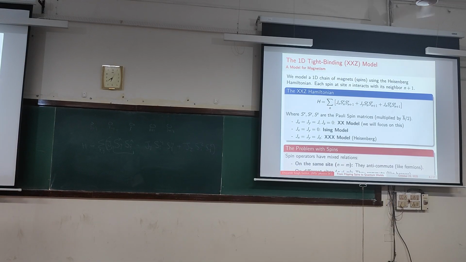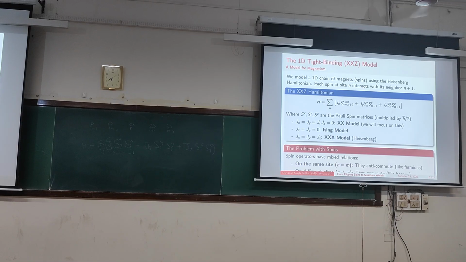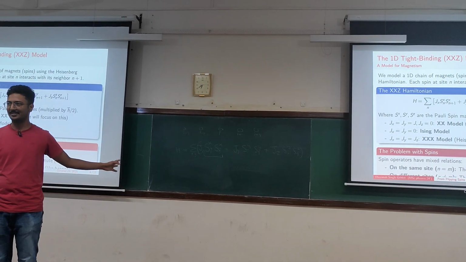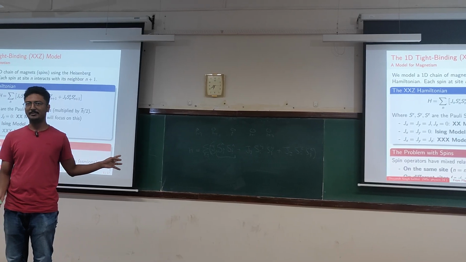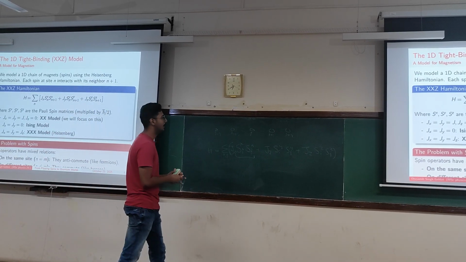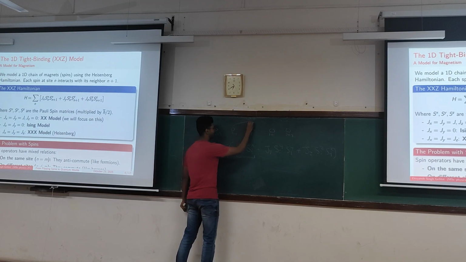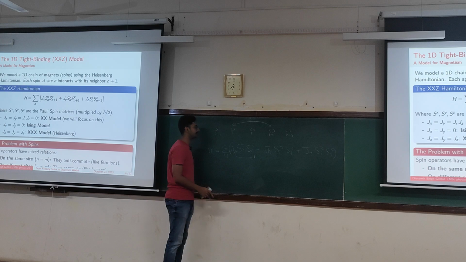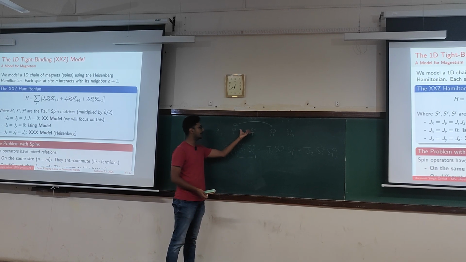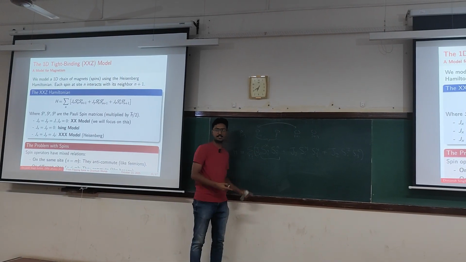So how physics works is to solve the simplest equation. I cannot solve this, nobody can solve this. I want to write it as something which is soluble. So I am ignoring any interaction term which is more than one unit length. I am just talking about nearest neighbor interaction.